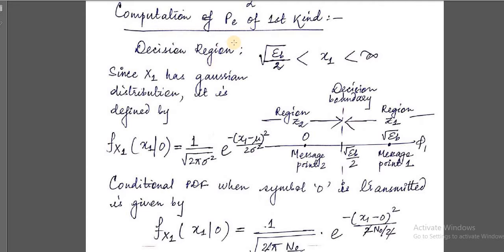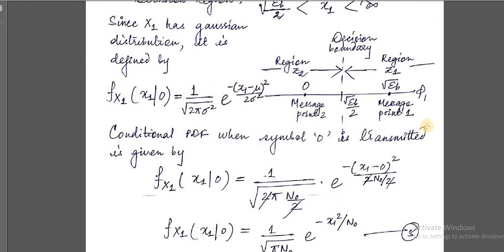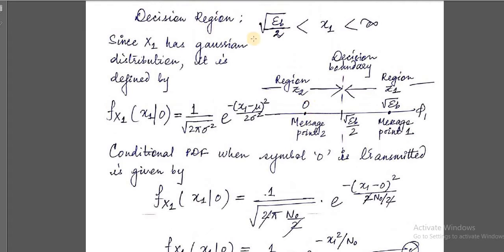I can assume that symbol 1 is transmitted, and in that case the probability of making an error will happen if the received signal point lies in region Z2 and the decision is taken in favor of 0. Then the decision region will extend from minus infinity to root over of Eb by 2. We can do it either way, but we will move on with the assumption we made in the beginning, that symbol 0 is being transmitted.